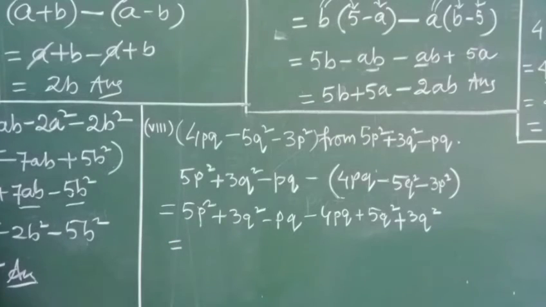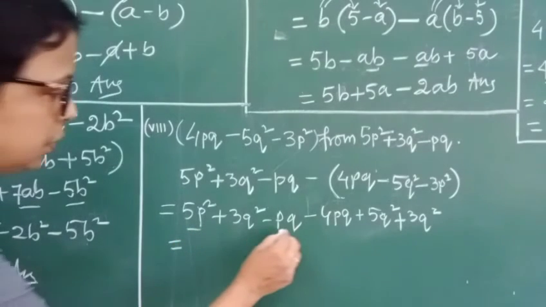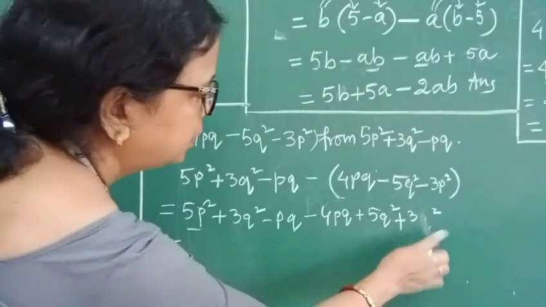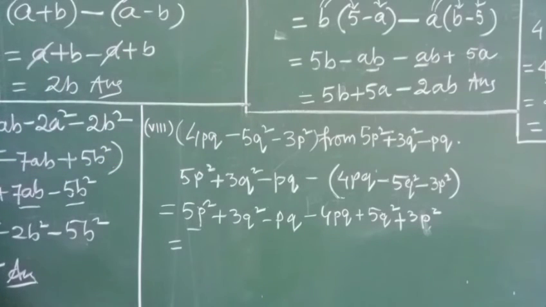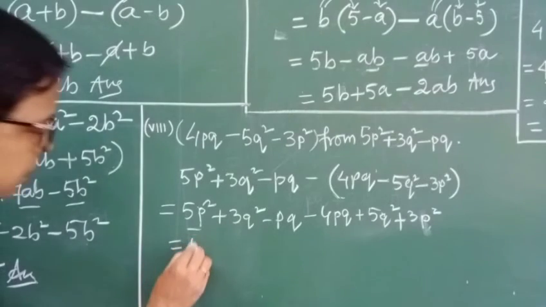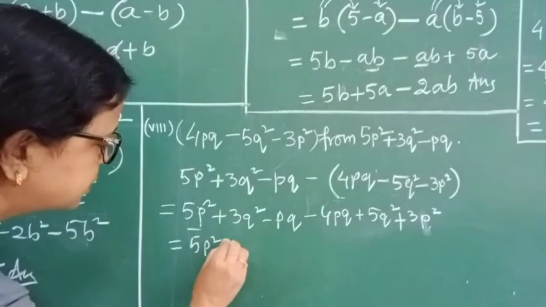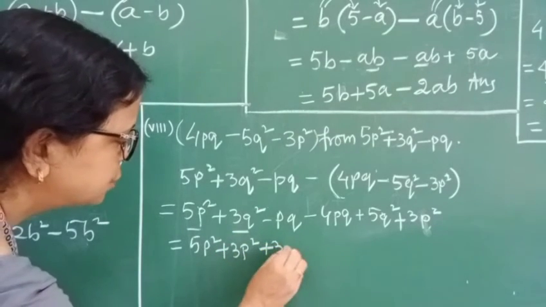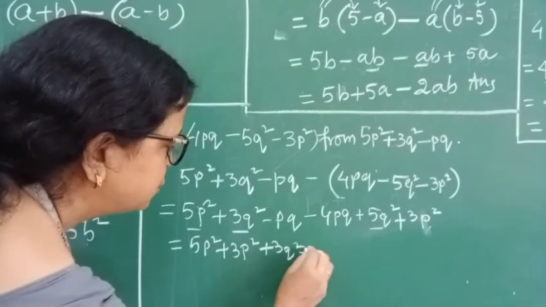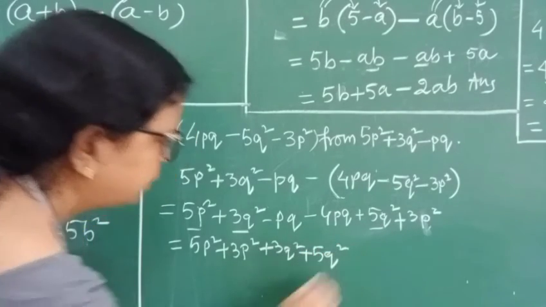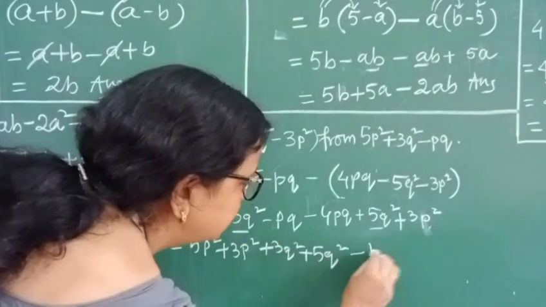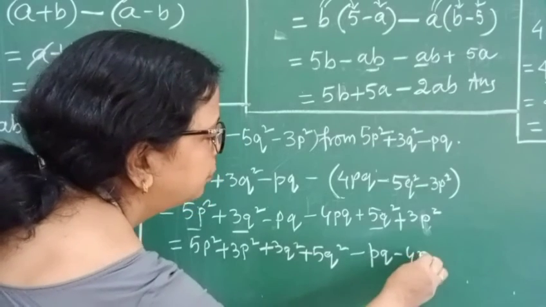Arrange them according to their like terms. 5p square plus 3p square, then 3q square plus 5q square, then minus pq minus 4pq.